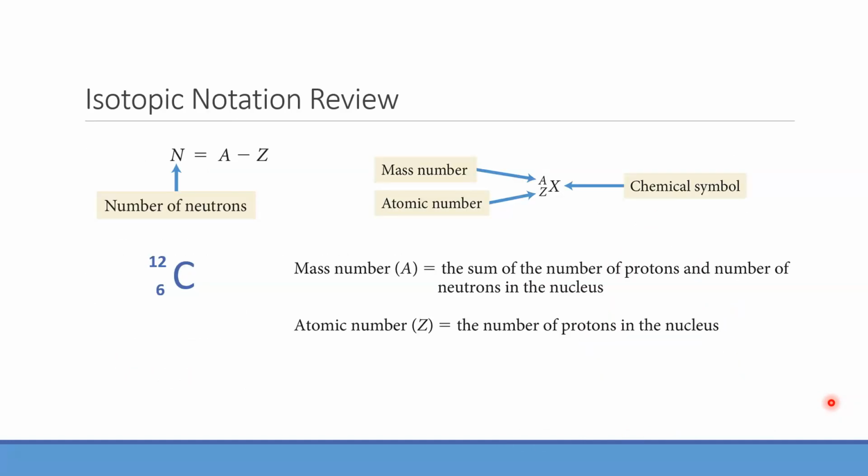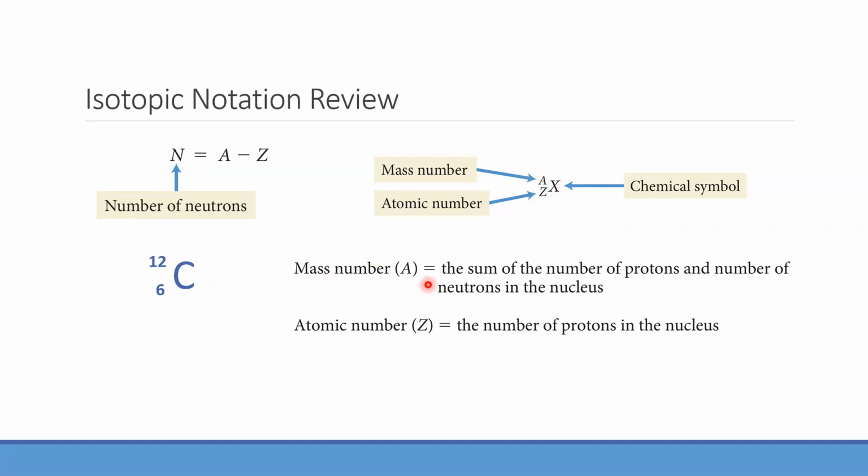So I want to review our isotopic notation before we get started. So we have our atom here, carbon, and we have our mass number and our atomic number. The generic form here is X is our chemical symbol, Z is our atomic number, and A is our mass.